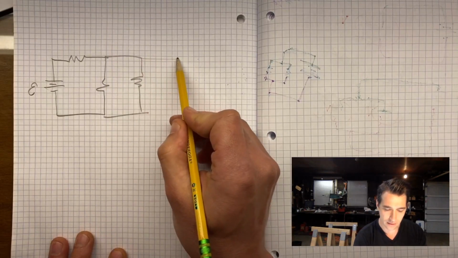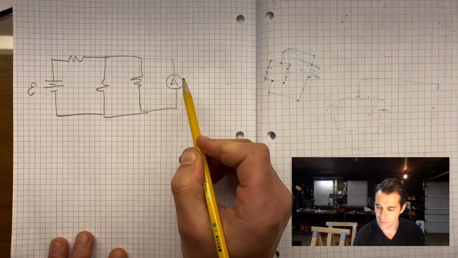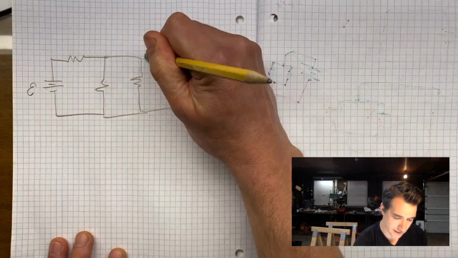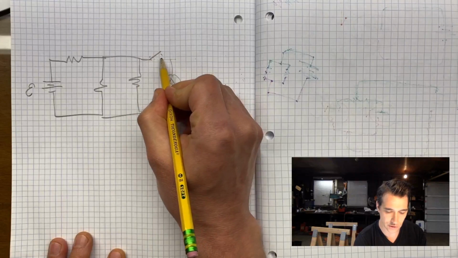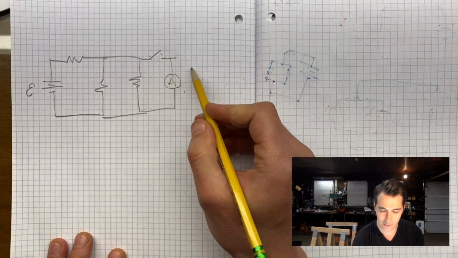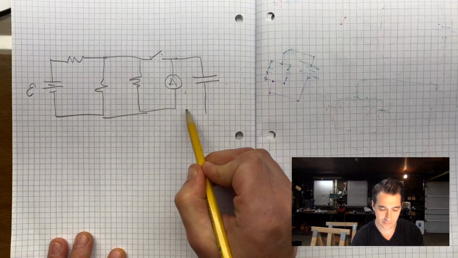Then they throw in an ammeter. Let's erase this. There's a switch here. Okay. So let's leave the switch open for a second. So there's an ammeter. And here's a capacitor out here.